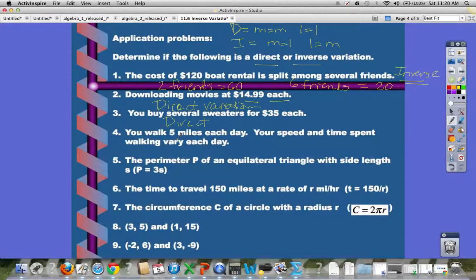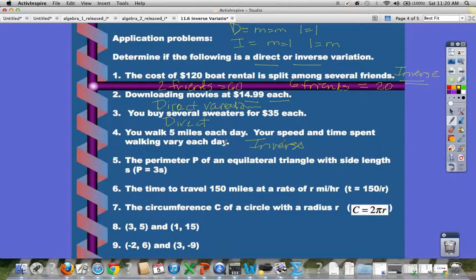All right, so you're still going the same amount each day, 5 miles, but you could do it in 20 minutes or you can do it in an hour, depending on how fast you're going. So if you walk slower, it's going to take you more time. So this one is an inverse variation because your time and your speed vary.